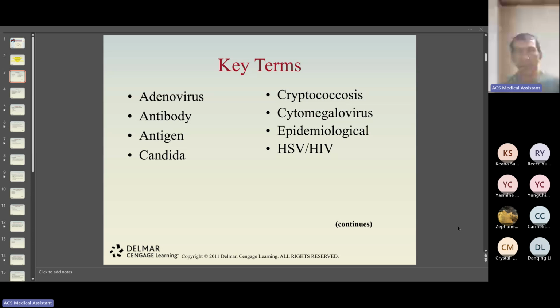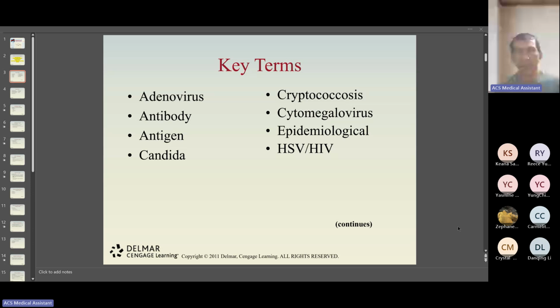We have Candida. Candida is an infection; I'm going to talk a little bit about that. We have cryptococcus infection, cytomegalovirus, which is a viral infection, and epidemiological, which has to do with an epidemic, something that happens within the population when we have an outbreak of these particular infections, particularly viral infections.